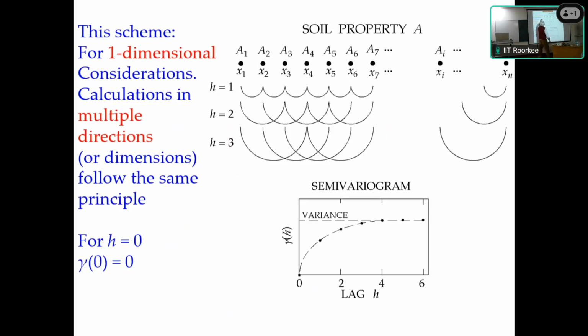And for lag 1, we compare x1, the observation at x1, with the one at x2. And then x2 with x3, x3 with x4, and so on. So nothing different than in that comparison like for the autocorrelation function. And we do then the same thing.